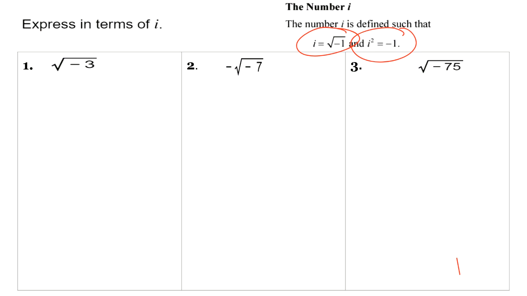So the first thing I need to do is take out i. Now I separated it, but you don't have to separate it. You can just take out your i, pull it right out, and just write the radical. So I get i radical 3.